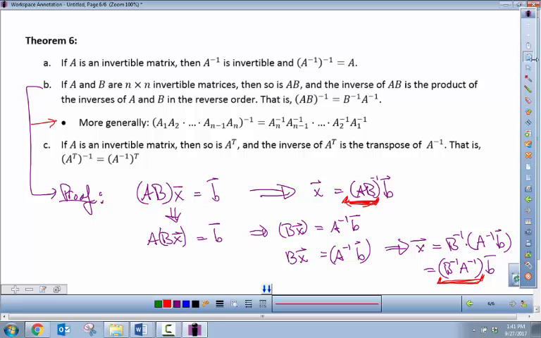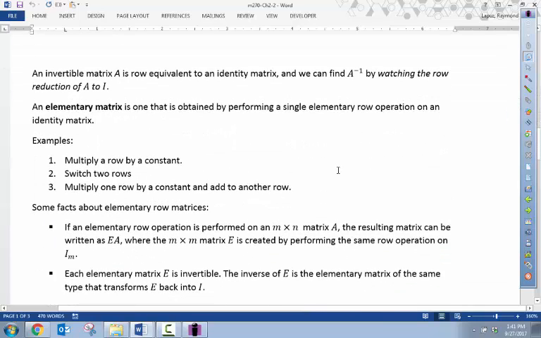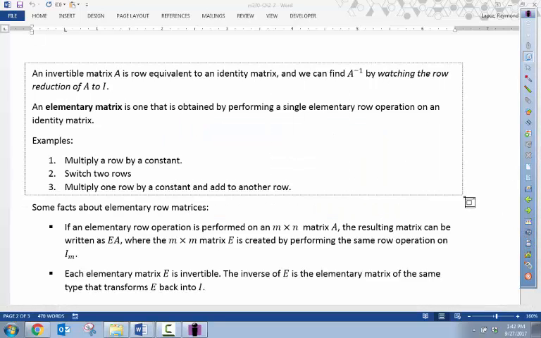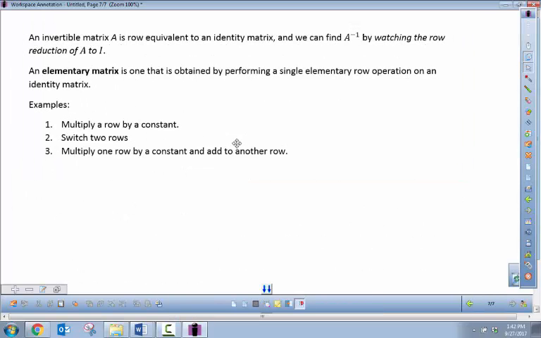All right. So let's see what's next. We're moving closer to being able to develop an algorithm to find the inverse of a matrix.